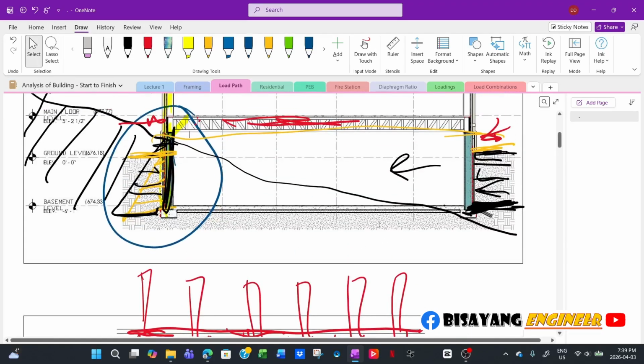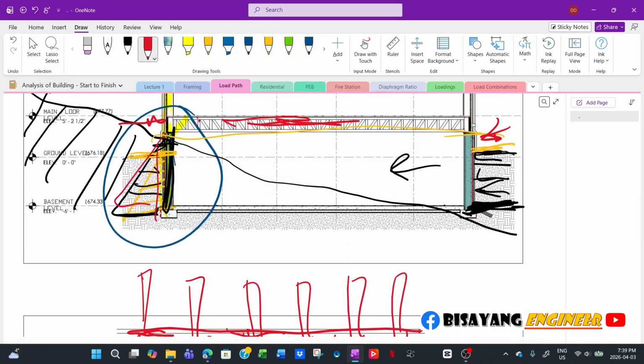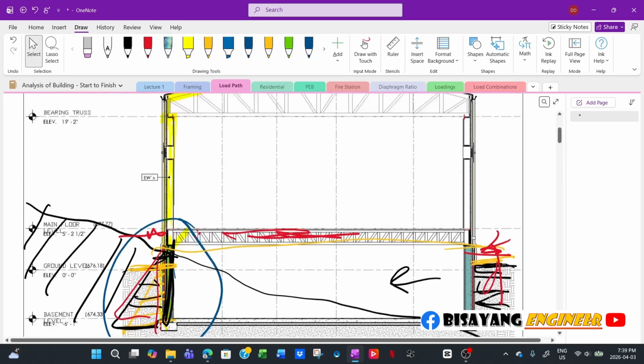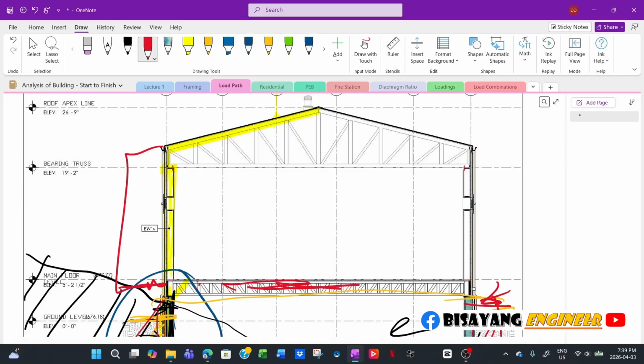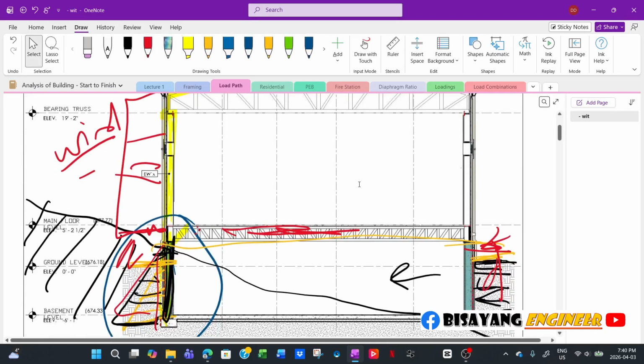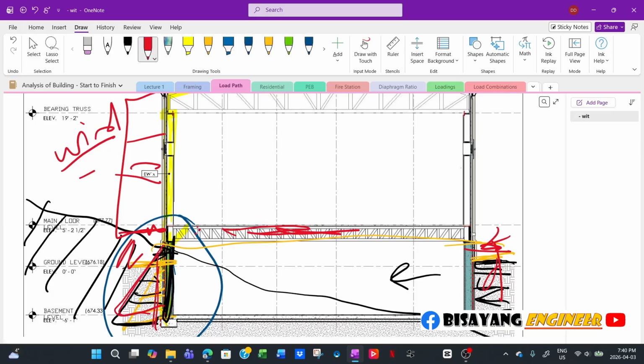So, like I said, in this scenario, since the backfill height is the same, your net lateral pressure will be just the wind load. So just the wind. You don't have to consider this for overall stability of your primary structure, you don't have to consider the lateral earth pressure, because it is resisted by the same earth pressure on the other side.